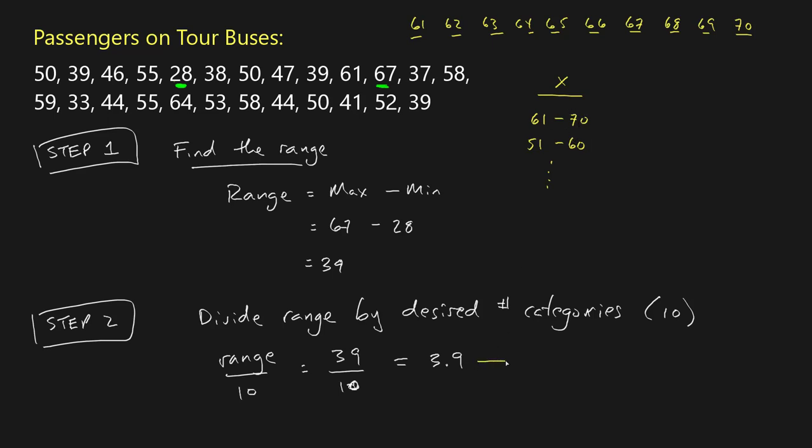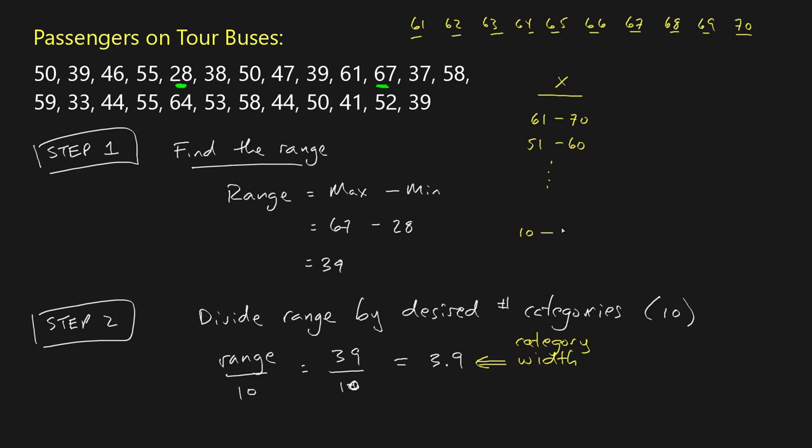So right now, this is our category width. And it's not a very nice one. 3.9 means that wherever the lower end of our category is, whatever the bottom number is, let's say we have a category that starts at 10, this is telling us that the top of the category should be 3.9 higher.